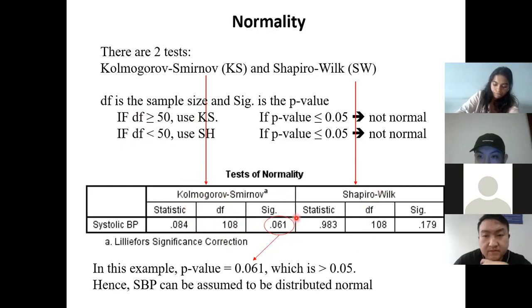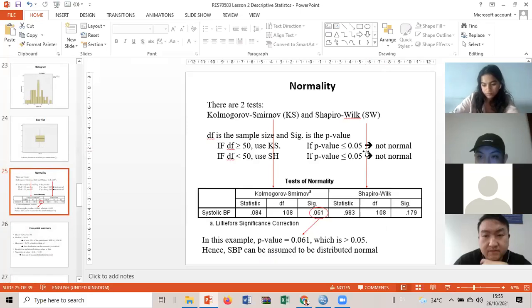Then what do you look for inside the table? We look at the SIG value. The SIG value is also known as P value, significance. So don't say SIG value, just say P value. It's understood. If the P value is less than 0.05, we say not normal.